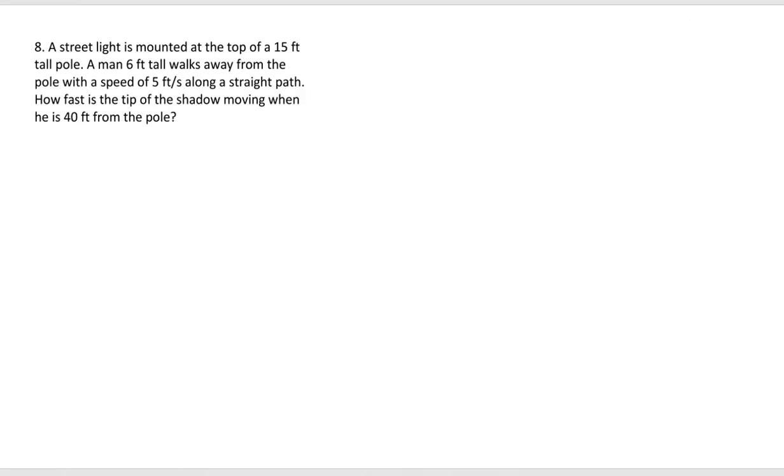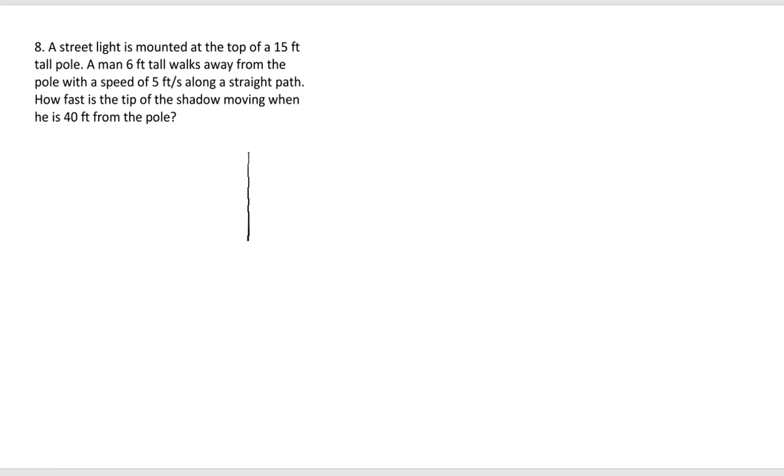A street light is mounted at the top of a 15 feet tall pole. A man 6 feet tall walks away from the pole with a speed of 5 feet per second along a straight path. How fast is the tip of the shadow moving when he is 40 feet from the pole?